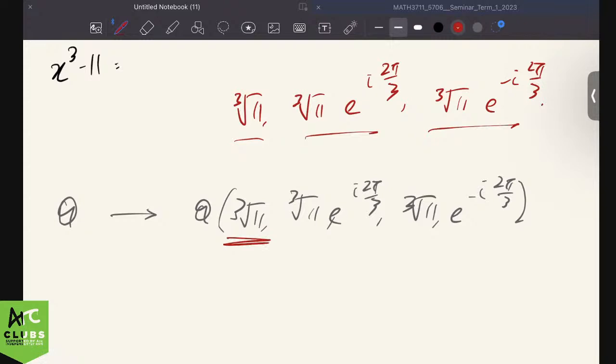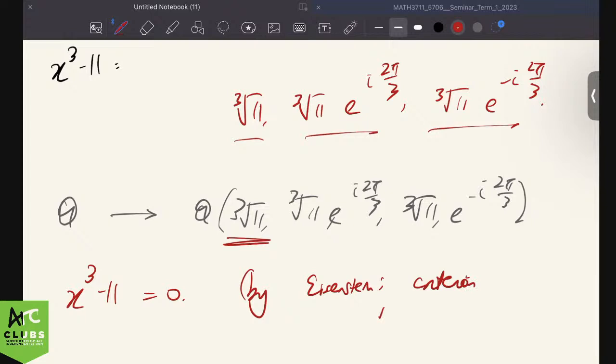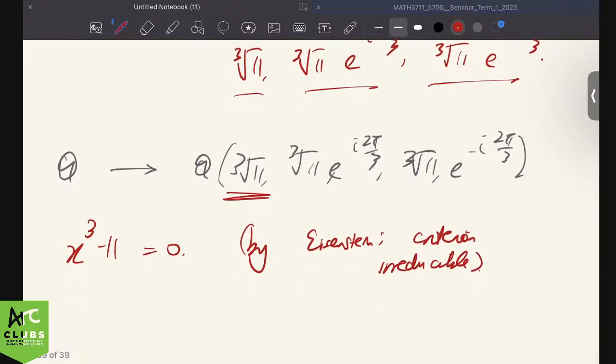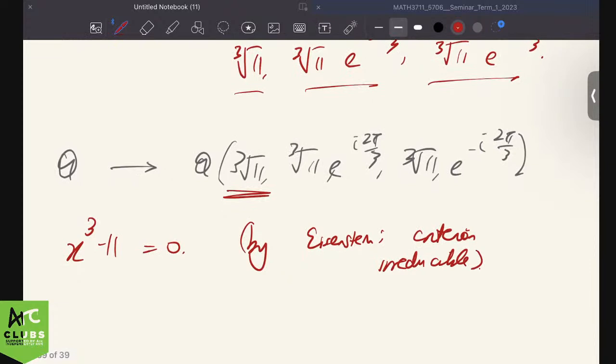It's fairly simple to show that x cubed minus 11 is the minimal polynomial for that by Eisenstein's criterion. It is irreducible. So because it's irreducible by Eisenstein's criterion, we know that the extension degree over Q is equal to 3.